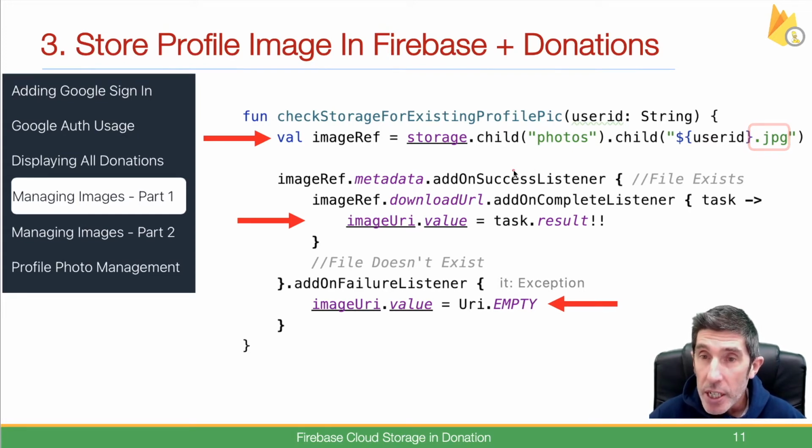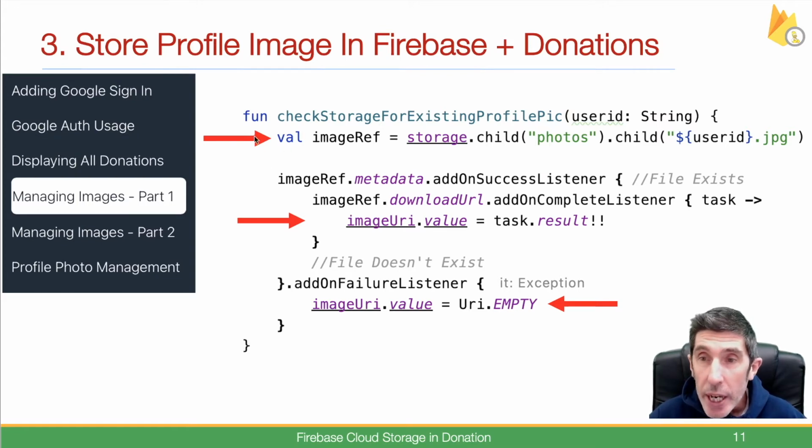If you wanted to just have one image across the board, you could use the file name itself, but because each user will have a different image, we obviously need to uniquely identify. So I'm using the user's ID that I'm passing in here to determine the name of the file.